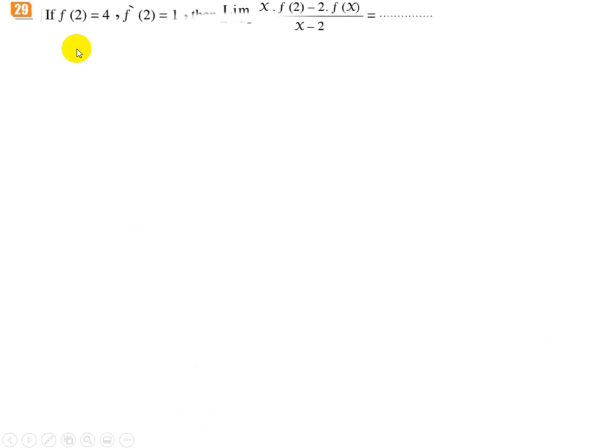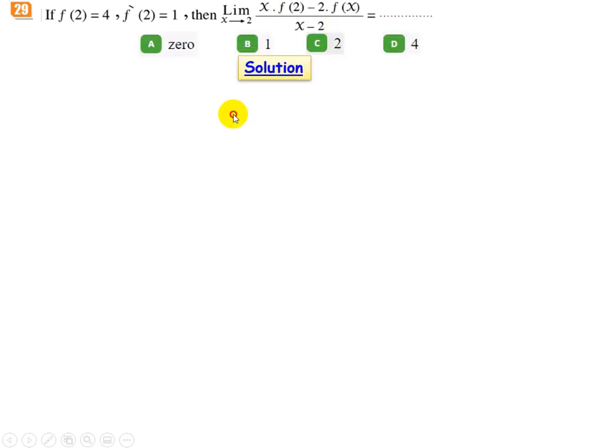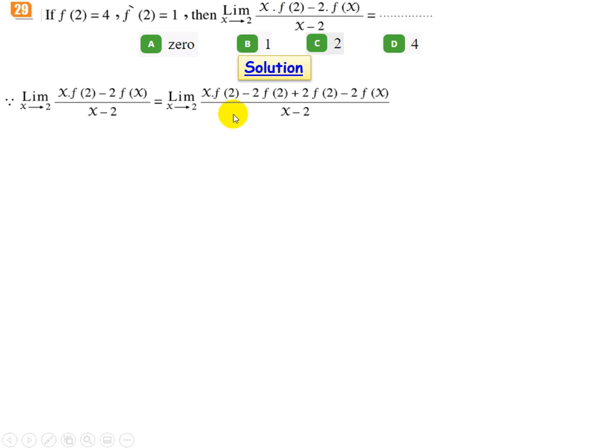Number 29. If f of 2 equals 4, f dash 2 equals 1, then the limit as x tends to 2 of (x f(2) minus 2 f(x)) over (x minus 2) equals. Adding in the numerator 2f(2) and subtracting 2f(2), and separating the limit, x f(2) minus 2f(2), taking f(2) as common factor, so the remainder is (x minus 2) over (x minus 2), and here taking negative 2 as common factor, so (f(x) minus f(2)) over (x minus 2).